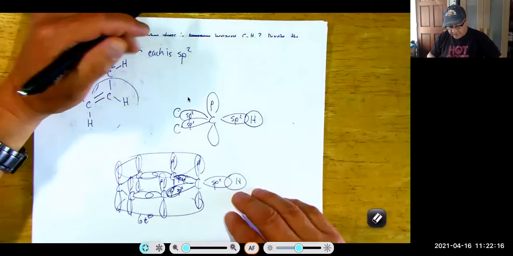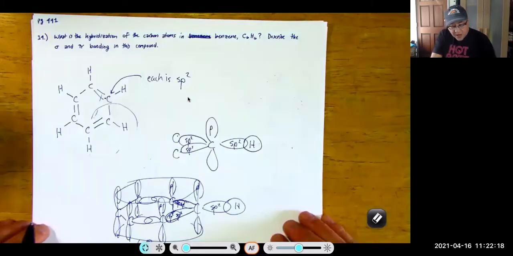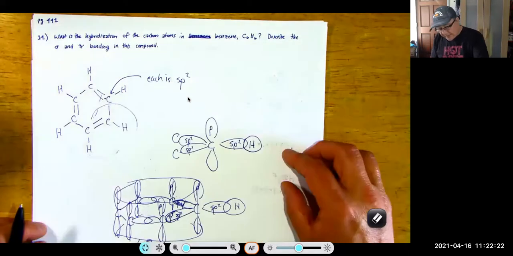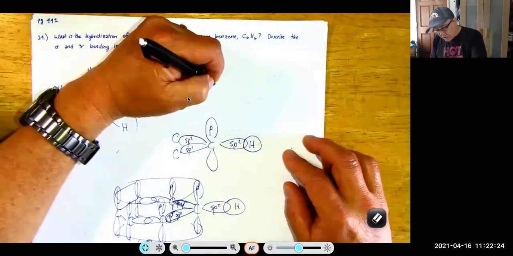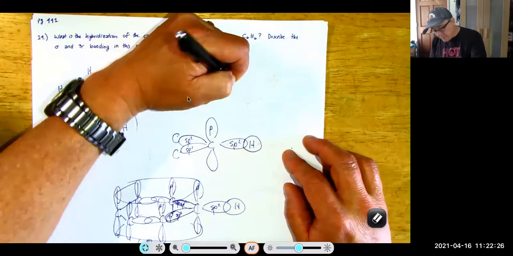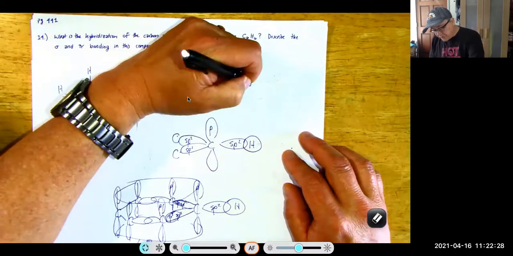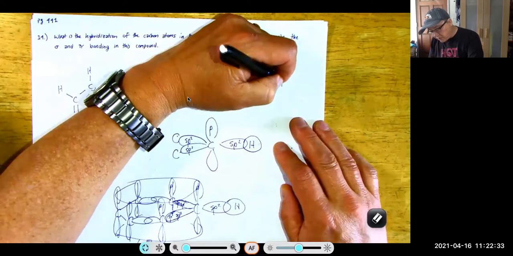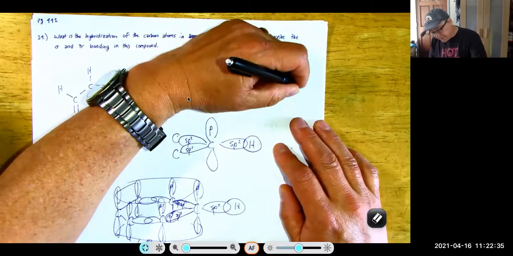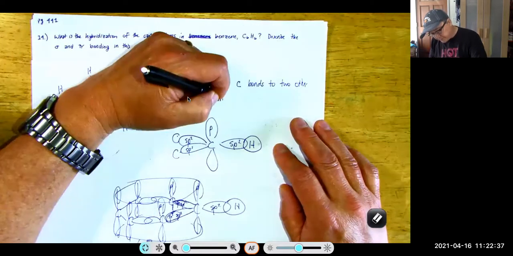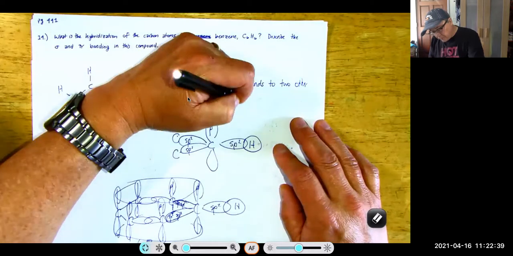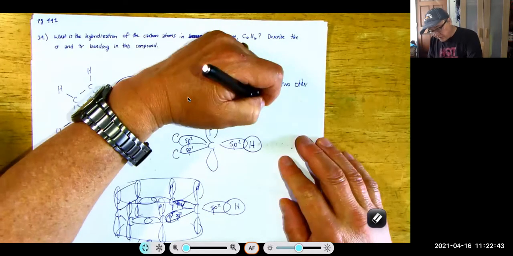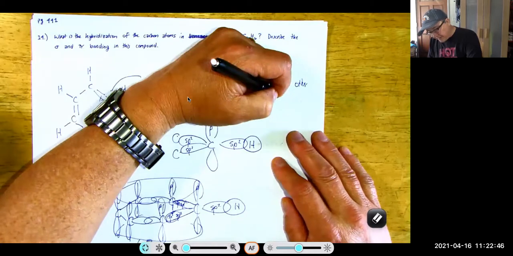So here, describe the sigma and pi bonding in this compound. You would say that each carbon bonds to 2 other carbons through sp2 sigma bonds, right?